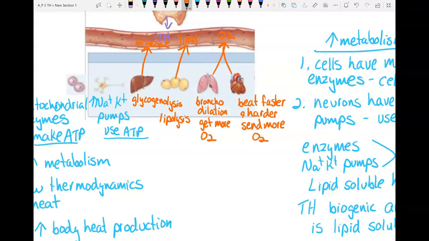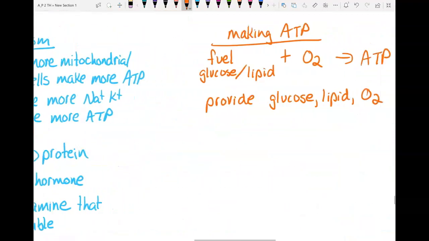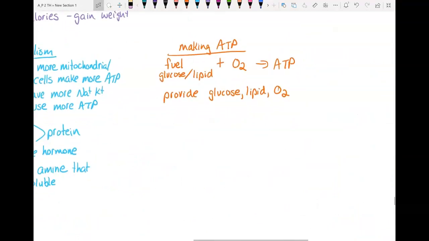So your heart and lungs are both going to have to increase their work so that you can send more oxygen to your cells so that they can use all those mitochondrial enzymes they have now and make lots of ATP. Think about this for a minute. This should sound familiar. Bronchodilation, heart beating faster and harder. If you need a hint, look back at chapter 15.